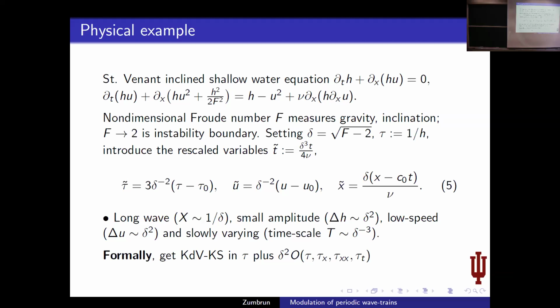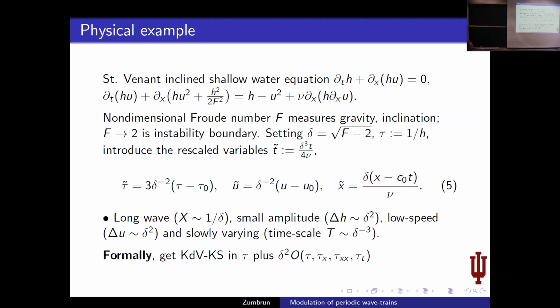And what you get is formally the KdV Kuramoto-Sivashinsky in tau plus an error term like this. Okay, some error term. All right, and this is known, I mean, that's one instance of the kind of thing that Nepomniachtchi and Barr and others were doing in general, or general equations.